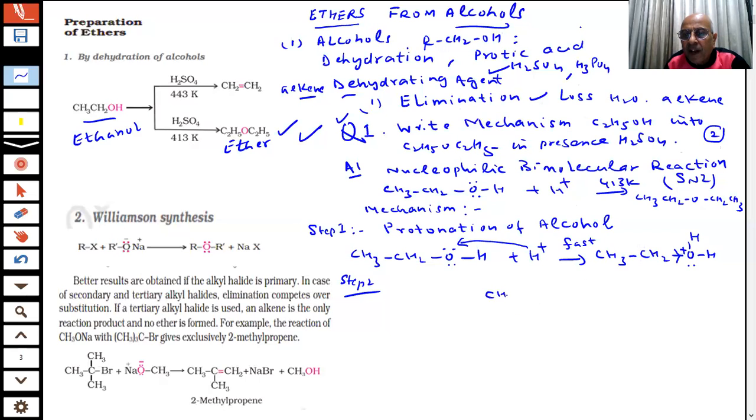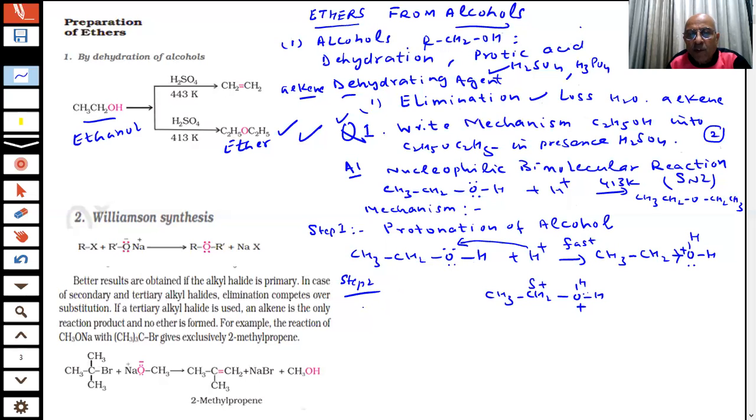What I'm saying, CH3, CH2, you have OH, H plus, students, one electron pair is there. Now this will become delta positive because this is attracting the electrons towards itself. Positive means it will attract more. Now this carbon is becoming electrophilic, and what will happen?